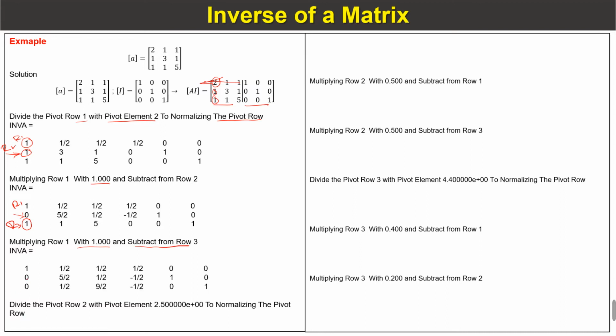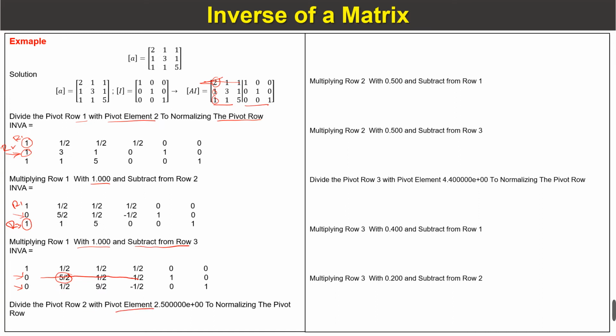Okay, so now we can see that these two off-diagonal terms are 0 and 0. Next we have this pivot equation or pivot row. Now we will make this pivot element 1. How can we make it 1? We will divide row 2 by the pivot element 5 by 2.